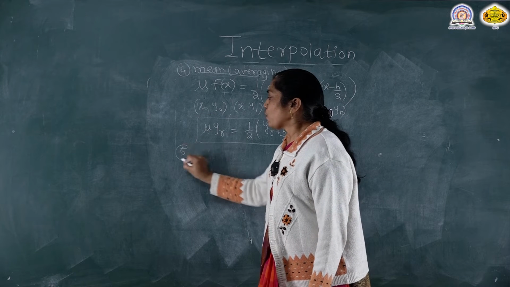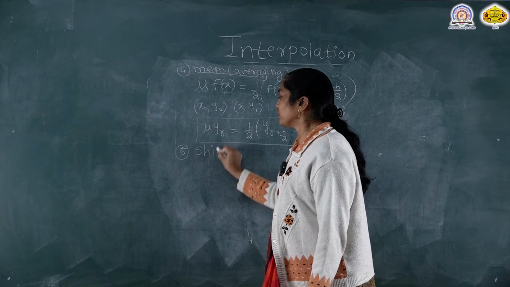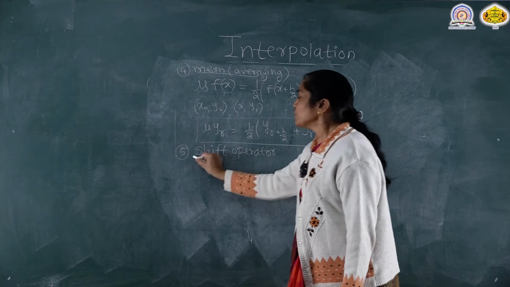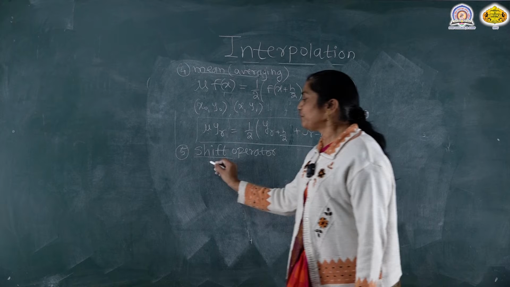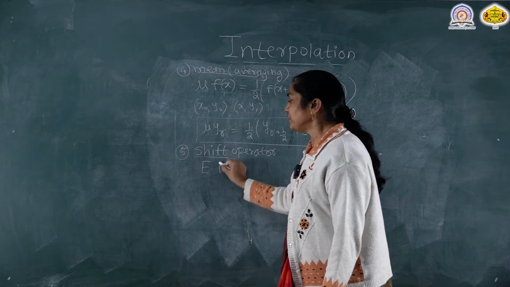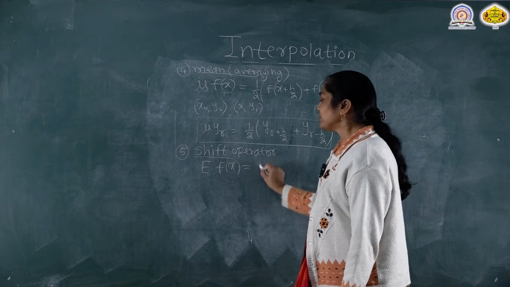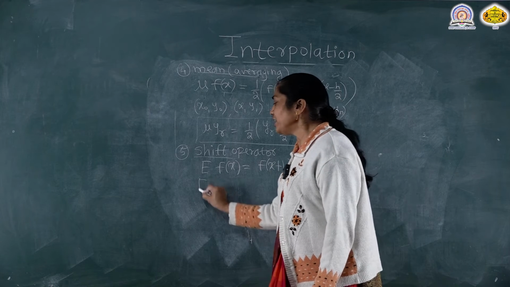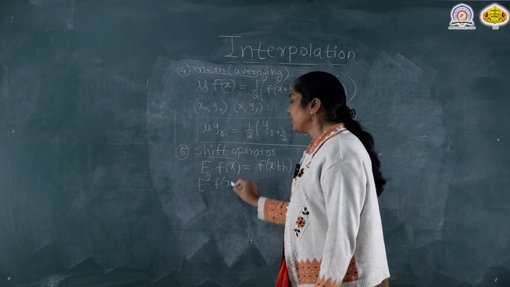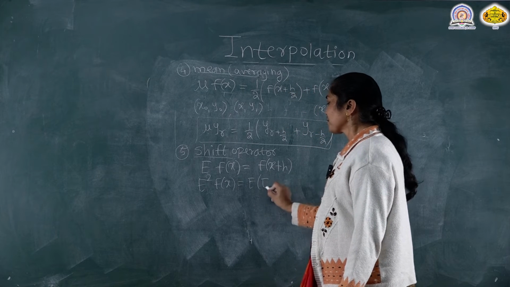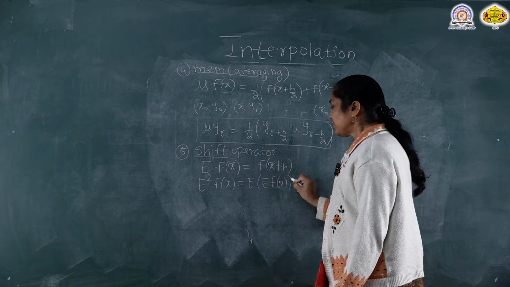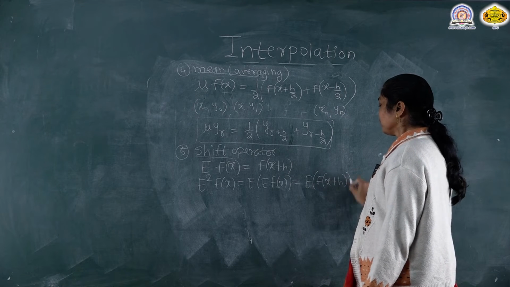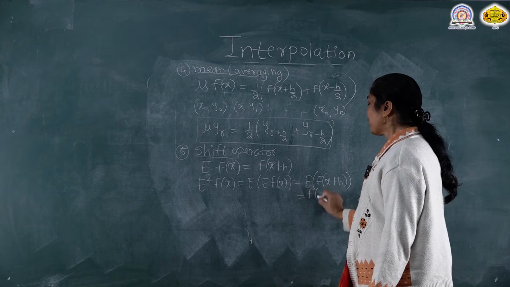The next operator we are going to see is the shift operator. So what is meant by shift operator? The shift operator is denoted by E and it is defined as E f(x) = f(x + h). If you find E square f(x), it is nothing but E of E f(x). E f(x) is f(x + h), so it becomes E of f(x + h), which is f(x + 2h).